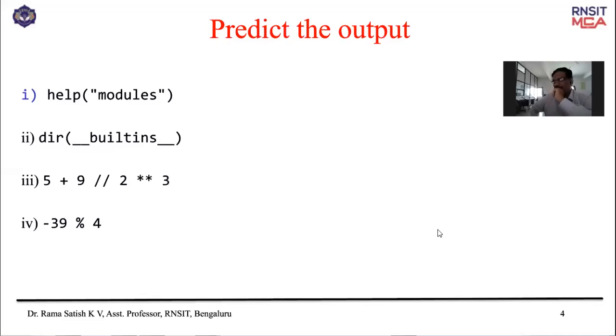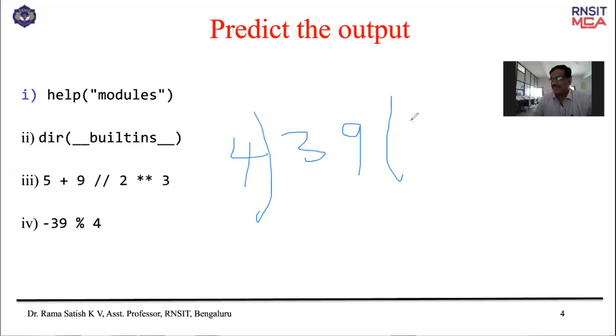Modulus operator. I'm not talking about the division operator. It's a modulus operator, Pallavi. Okay, let me explain how exactly it works. First, you have to do 39 modulus 4. 4 nines are 36, and you will get the remainder 3.